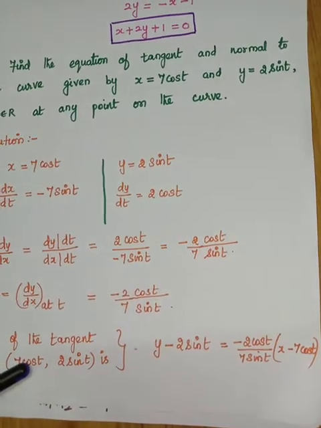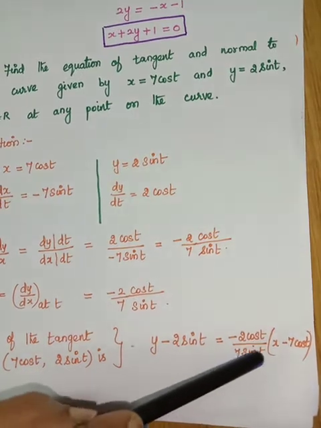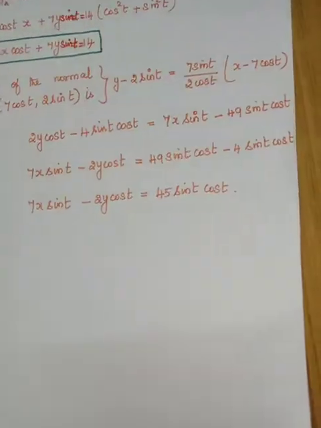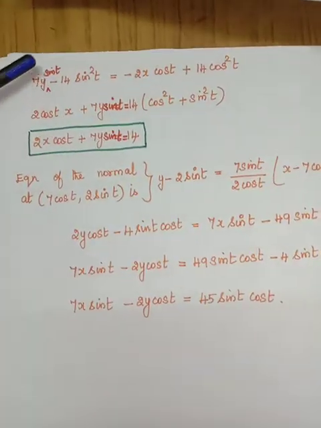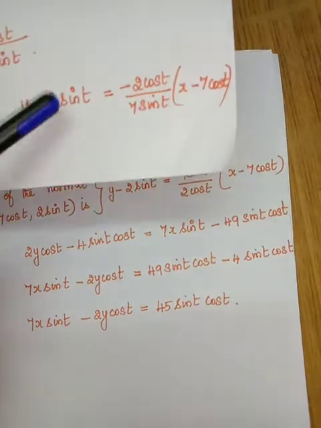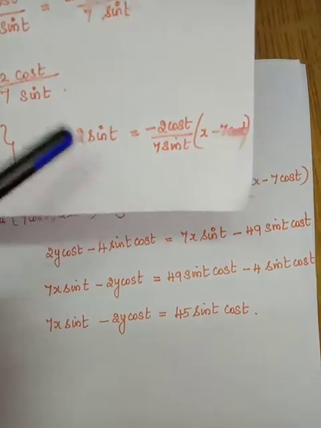So, now we have to simplify. The denominator has to be multiplied, so you will have 7y sin t. Next one, -2 sin t into 7 sin t, so it is -14 sin² t.